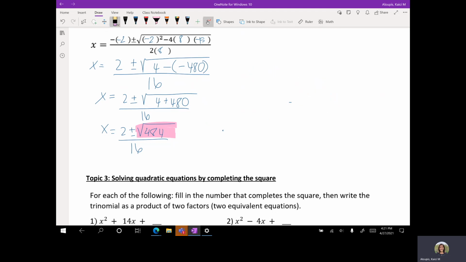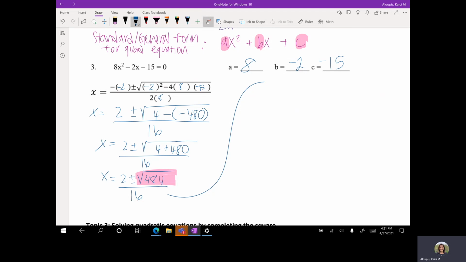So here we're going to have x is equal to 2 plus or minus 22, because the square root of 484 is 22, all over 16. The last bit to solve our equation is we need to separate the plus or minus into two equations.